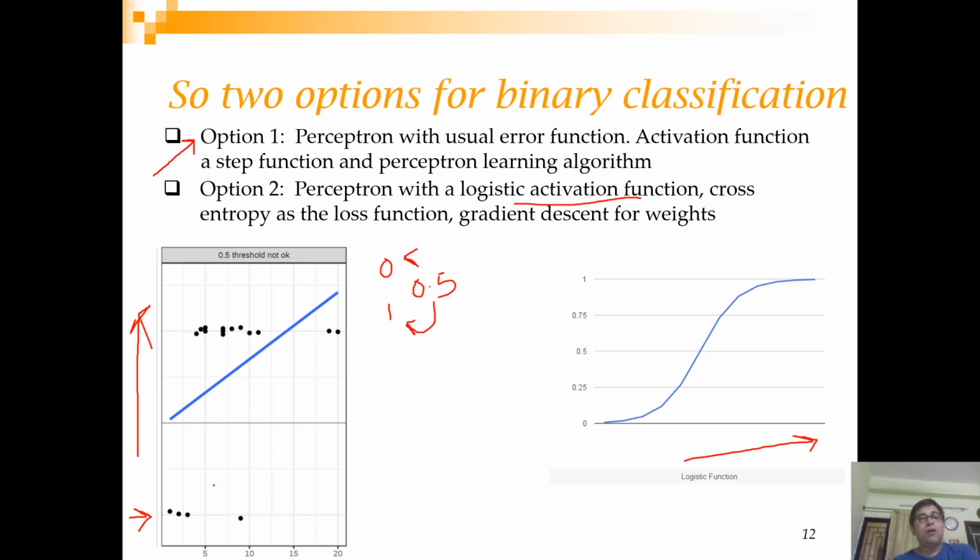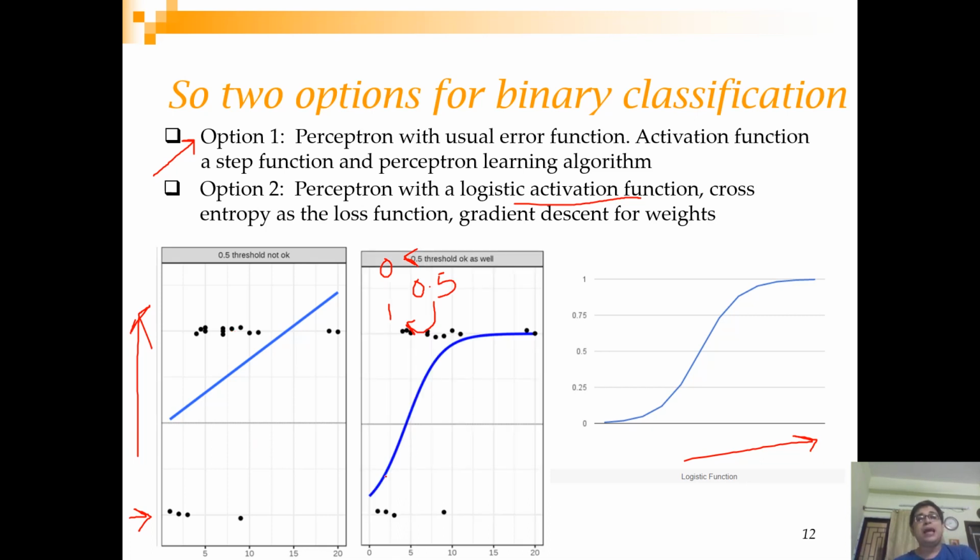You can see that using option 1, you cannot distinguish these two classes. However, if you use option 2, it allows you to have a decision boundary like this, which can segregate these two classes. So when we use option 1, this is a completely linear neuron. Using this logistic activation function, we can bring in some kind of non-linearity.